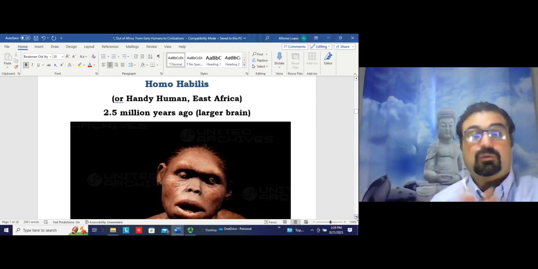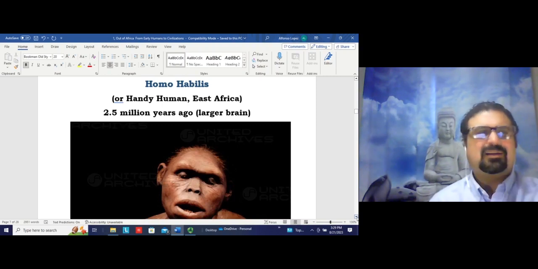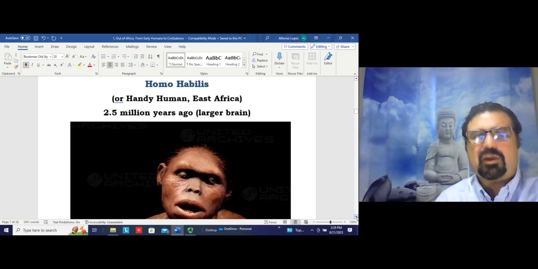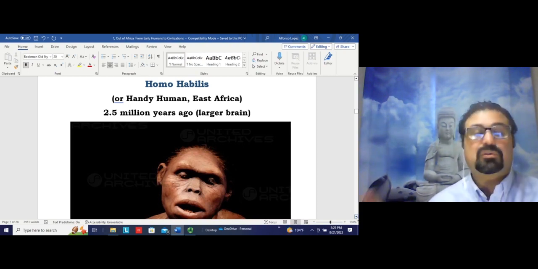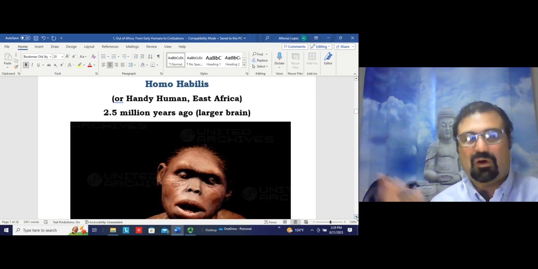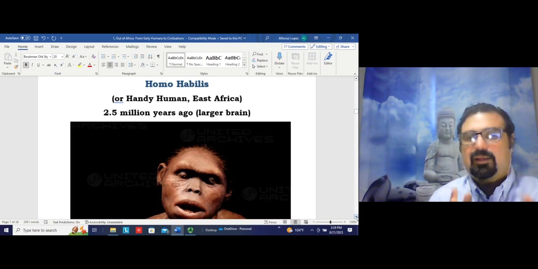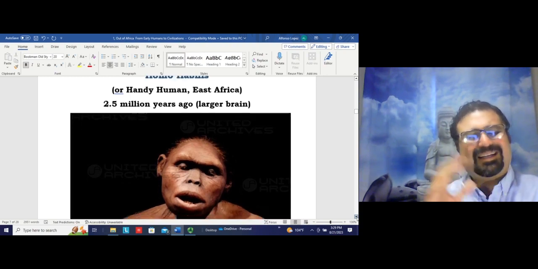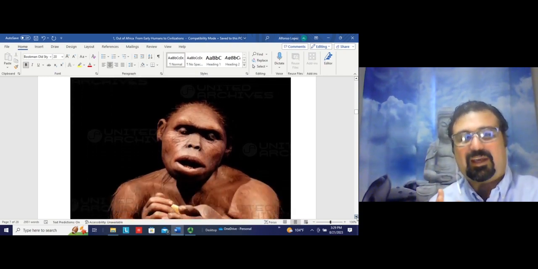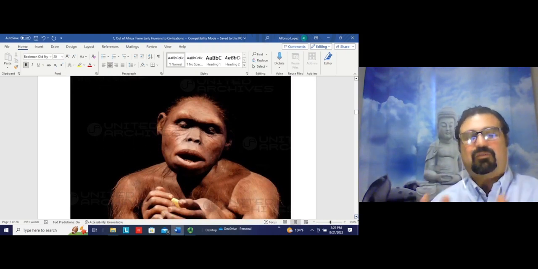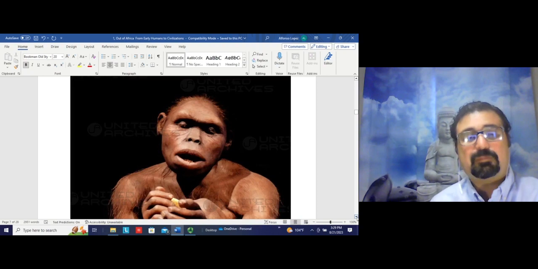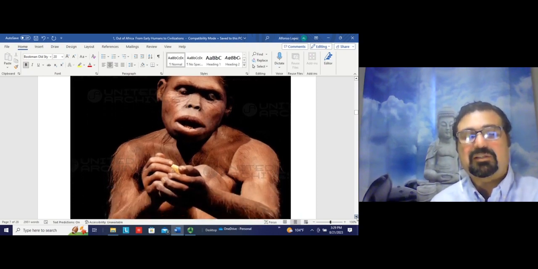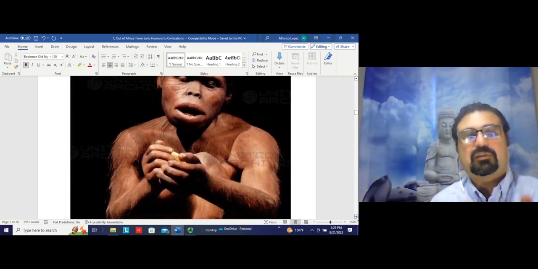The very first tools ever crafted. The humanoids prior to the Homo habilis did not craft tools. They used rocks as weapons to hunt and fight. But the Homo habilis is now crafting tools, not very sophisticated. So we're not really expecting very sophisticated tool technology, but it is beginning the process of crafting tools.